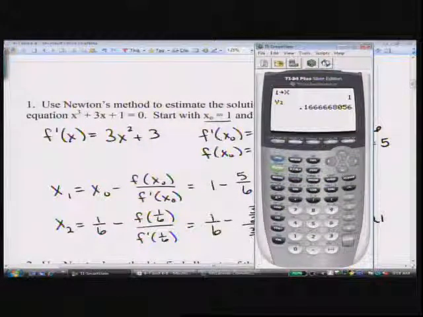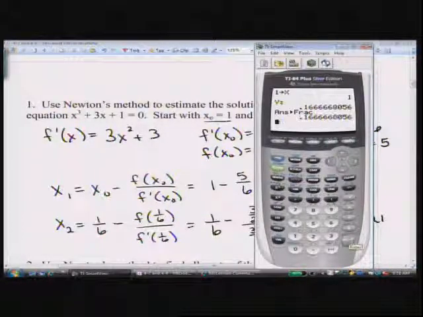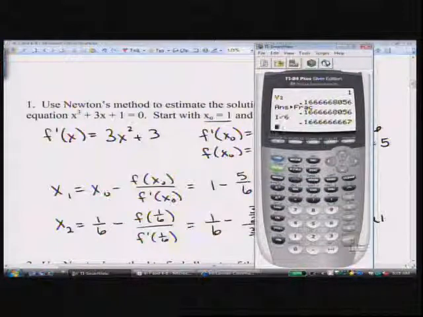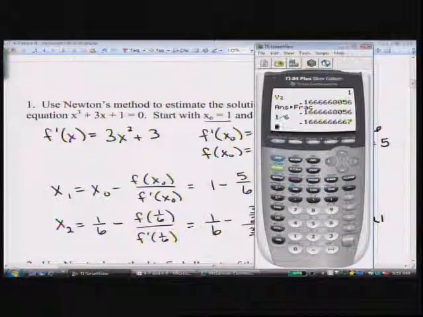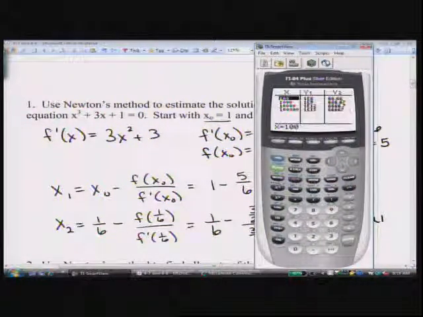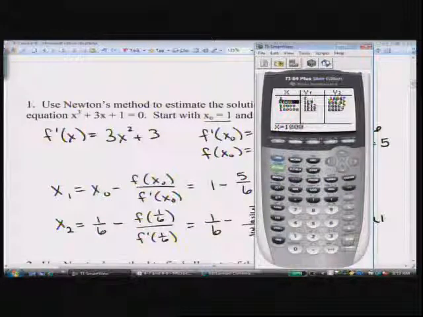And see, if I math frac this, I don't know if it'll do it for me, but it can't. But 1/6 is basically that. Can you also look at the table? Yes, you could go to the table, and you could put 1 in there, and you would get the same number. But you need to be looking at y2.